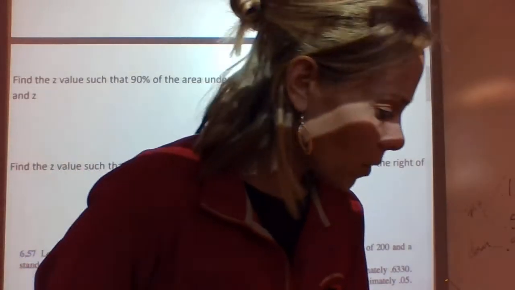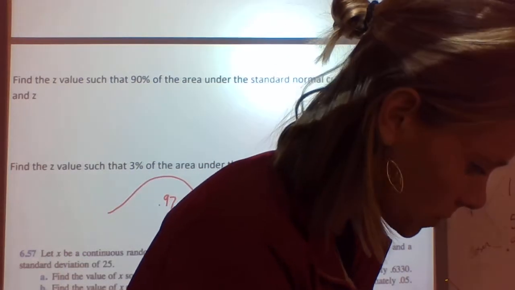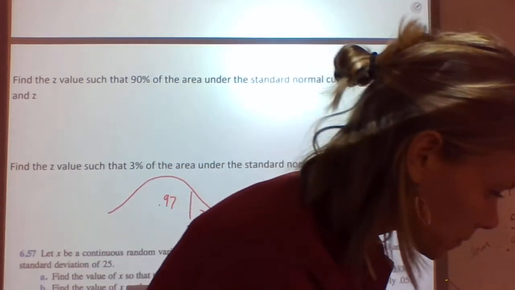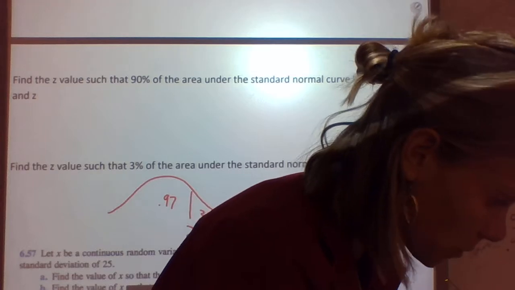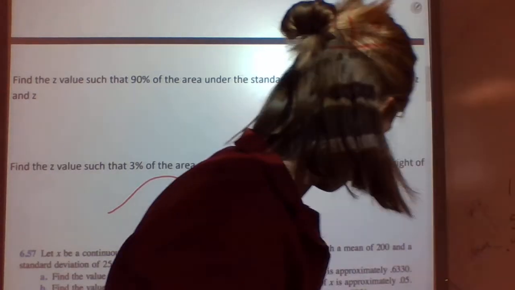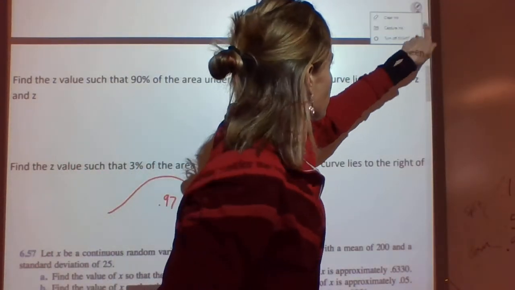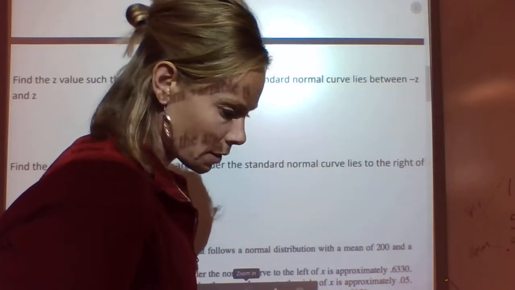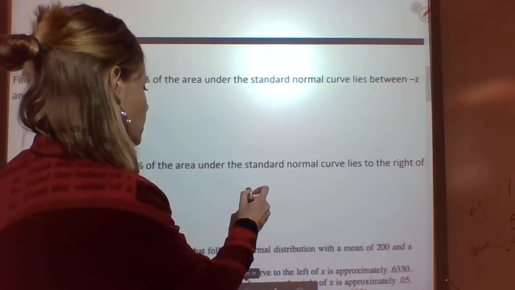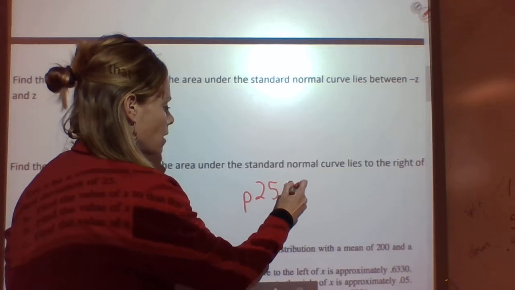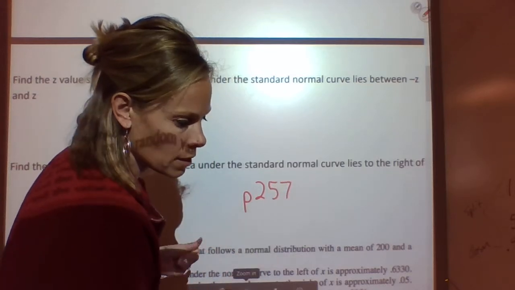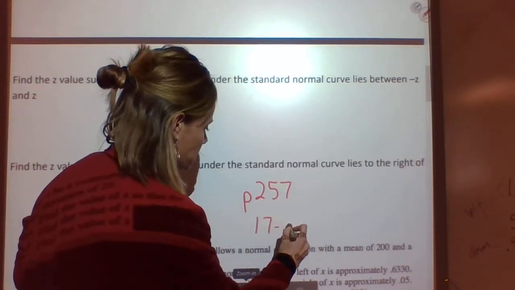Okay, so before we throw in some applications to this, I do want you to pause here, pause this video, and go to your book on page 257 and do 17 through 28.